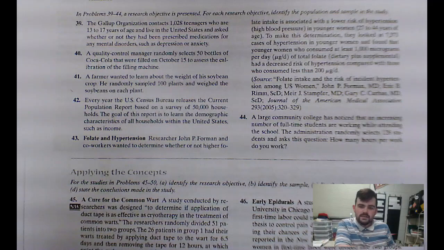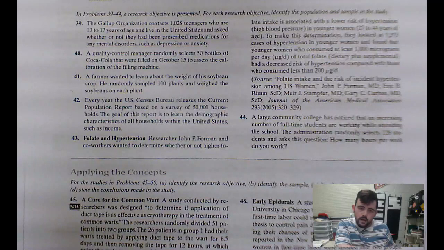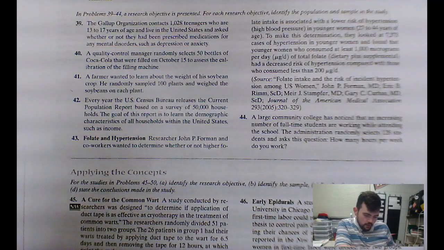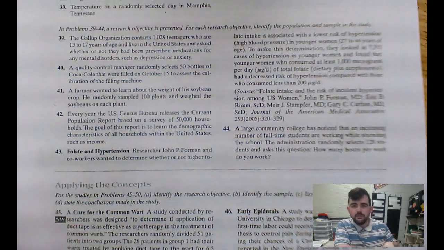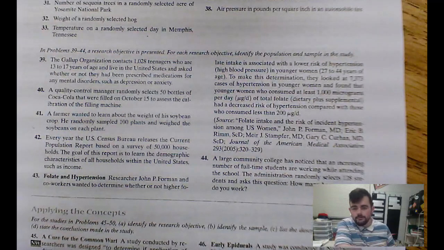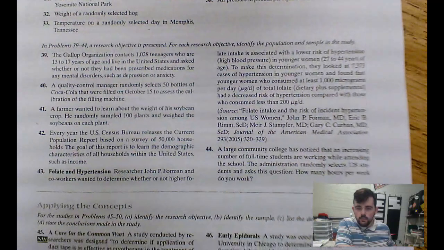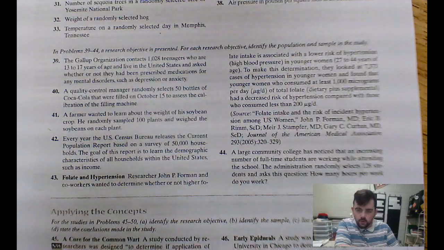Number 43, it's longer. Folate and hypertension. Hypertension is high blood pressure. Researcher John P. Foreman and co-workers wanted to determine whether or not higher folate intake is associated with a lower risk of hypertension, aka high blood pressure, in younger women, meaning women aged 27 to 44.